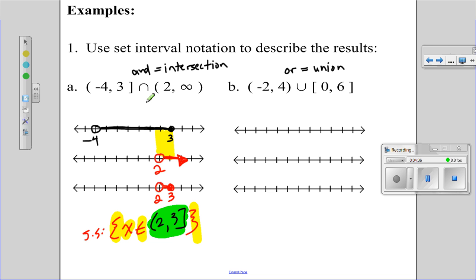Next question is an or question, so that means values that are in either one or the other. So if I start at -2, go to 4, and they're both open, so I should have open circles. And the next one starts at 0, including 0, and then goes to 6, including 6.